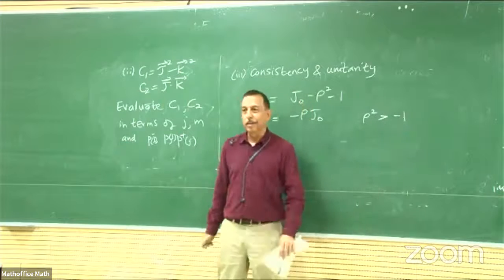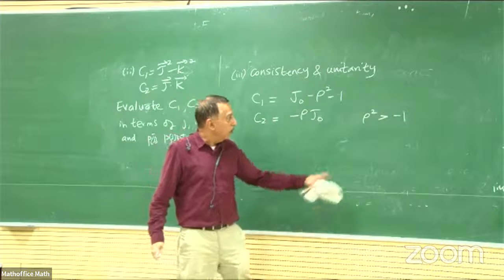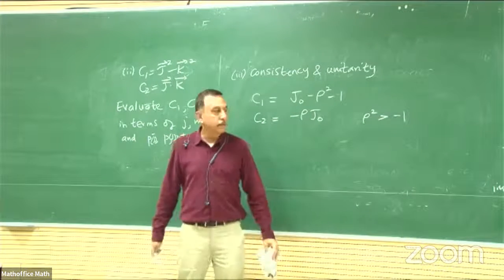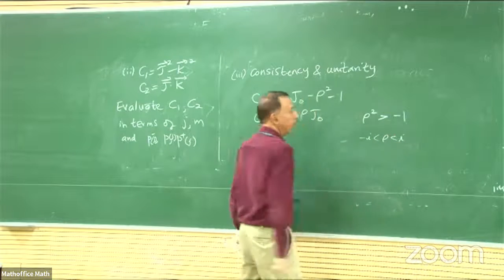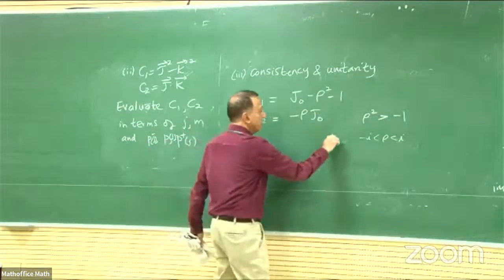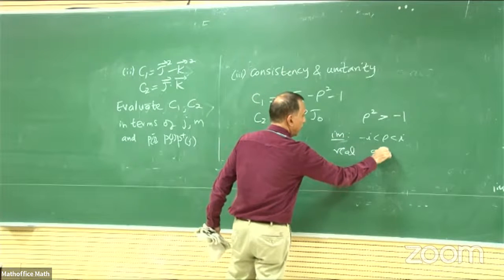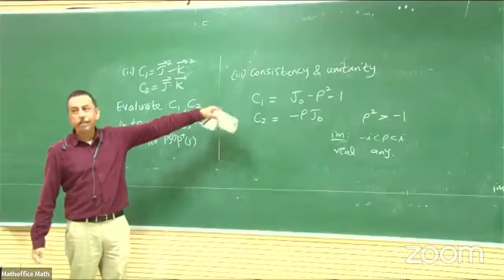So this relation tells us nothing. But if rho is imaginary, then rho squared is less than 0, and then it must be between -1 and 0, which is exactly the restriction -i less than rho less than i. Okay. So if it's imaginary, it's this. If it's real, then it's any real number. This is what he gets in general.